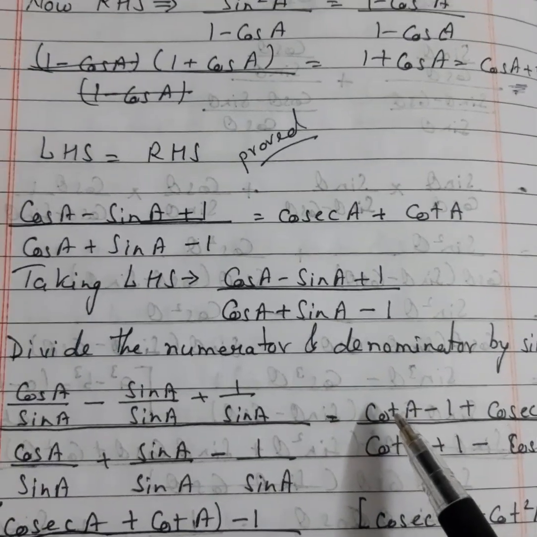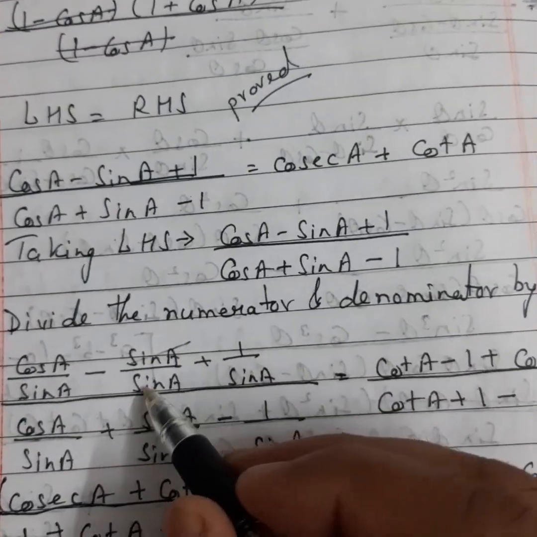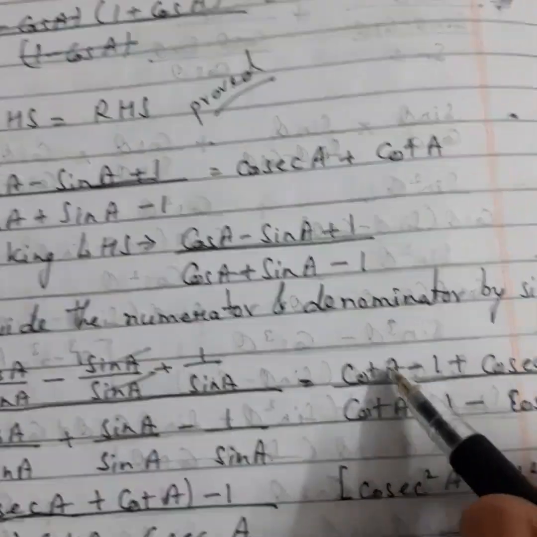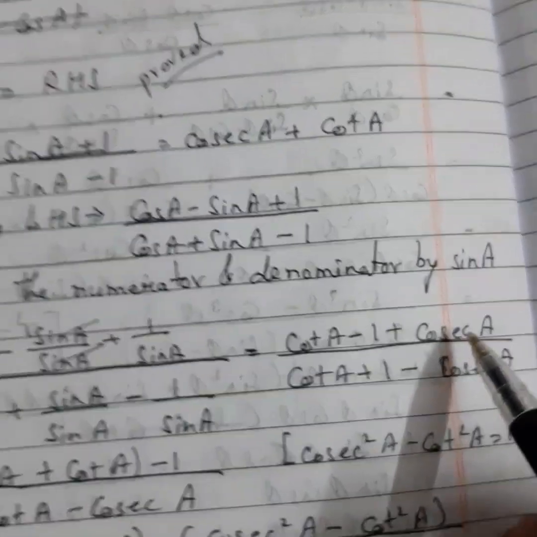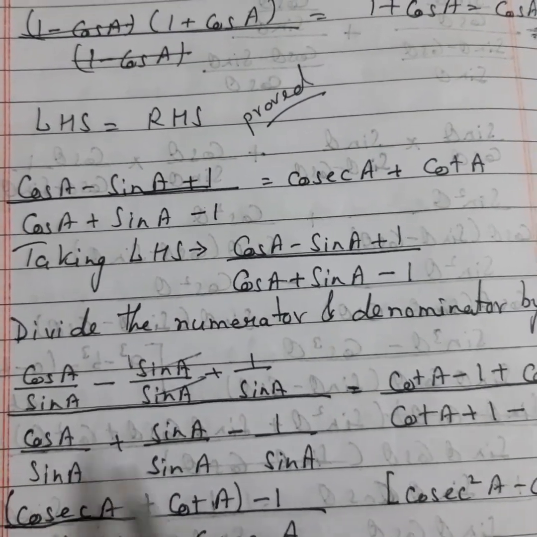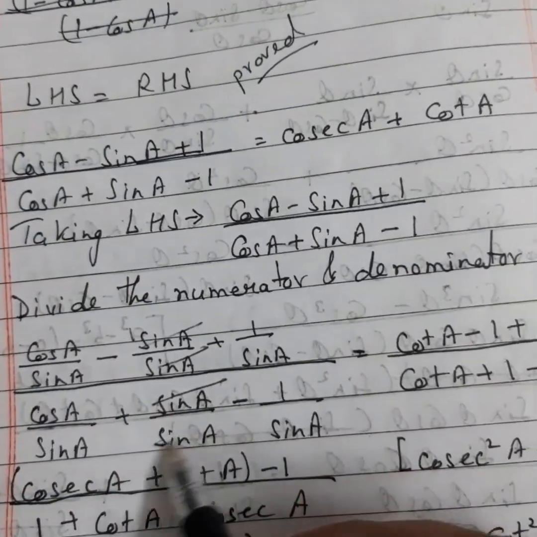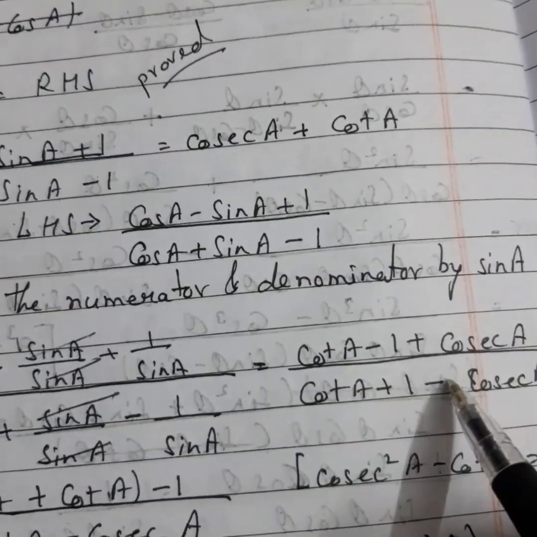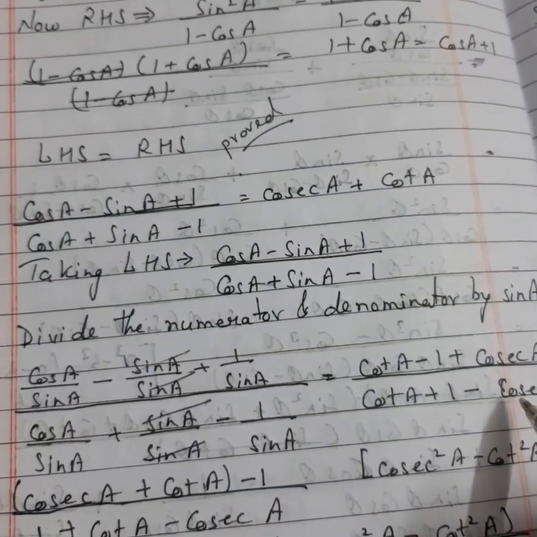It will come cos a upon sin a, which is cot a, then minus sin a upon sin a, we can cancel it and write 1, then 1 upon sin a becomes cosec a, right? Similarly cos a upon sin a becomes cot a, sin a upon sin a we can cancel, and then minus 1 upon sin a is cosec a, right? Till here it is clear.